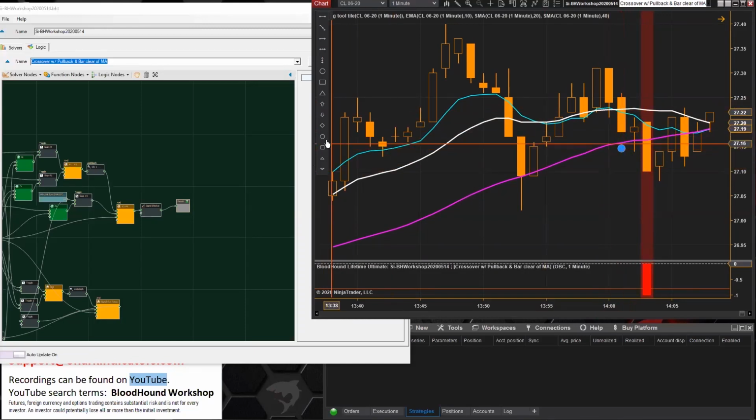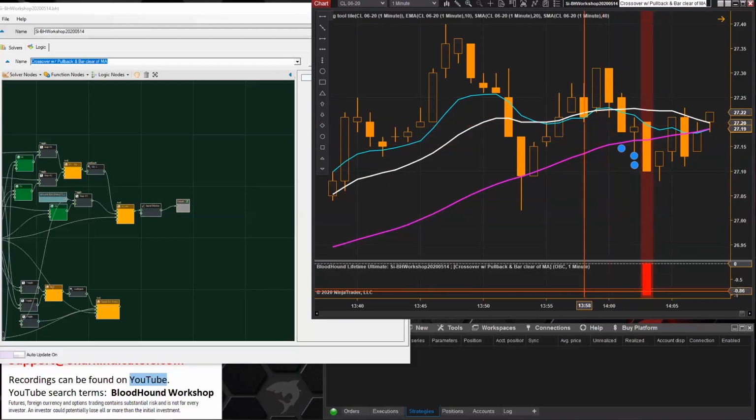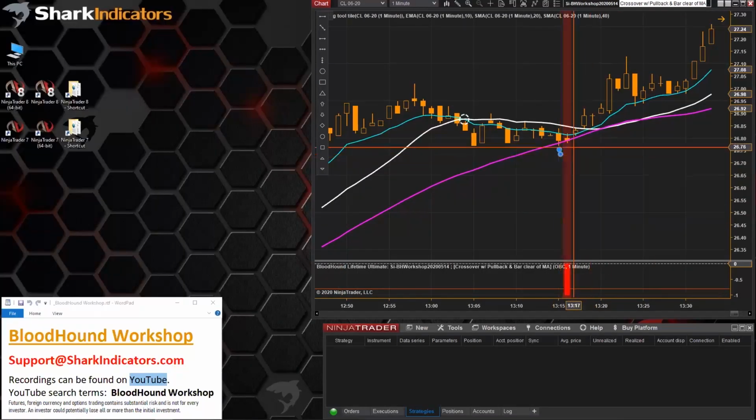So that's step 1. Step 2, that's the bar that touched. This candle did touch our SMA 40. And then step 3 and 4 is on the same bar. Perfect. All good. That's our step 2, and then step 3 and 4.